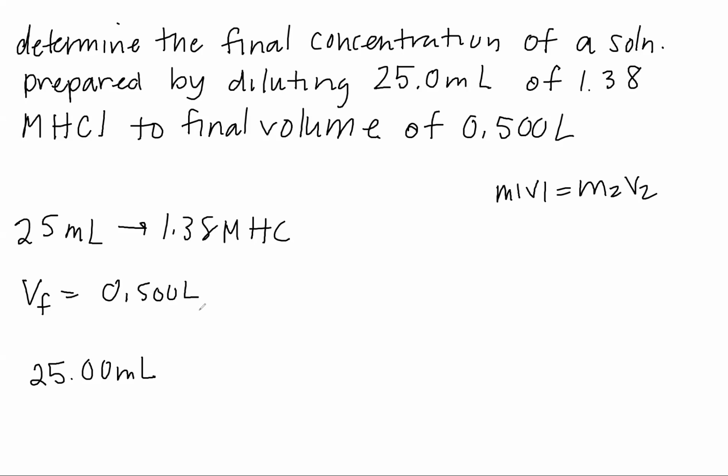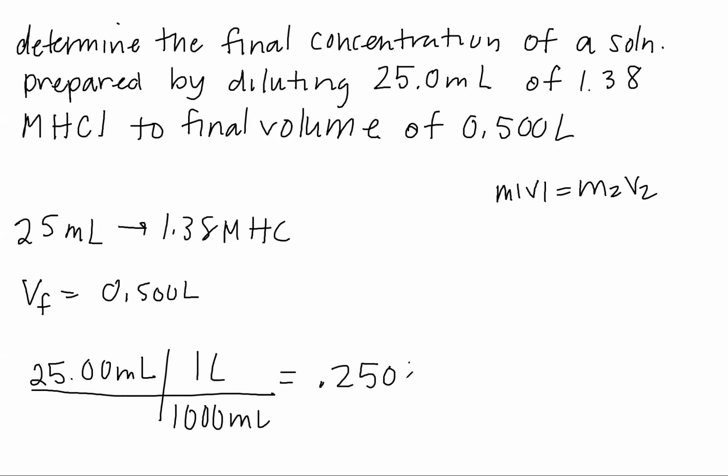Or do we have to? That's the main thing, is do we have to convert this to liters? Okay. And it's like, yes and no, but I would take this and say, if I put it into 1,000 milliliters to 1 liter, then we'll get 0.250 liters.